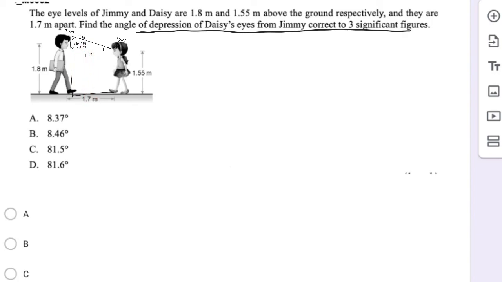That is why you will know it. The tangent theta equals 0.25 over 1.7. Okay, so theta will be equal to 8.37 degree.